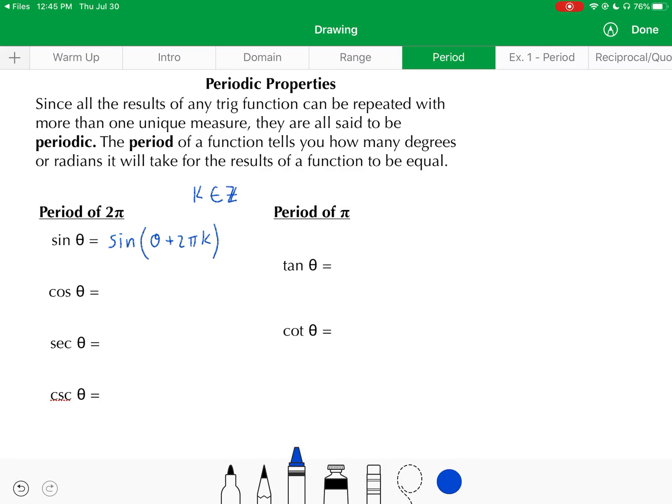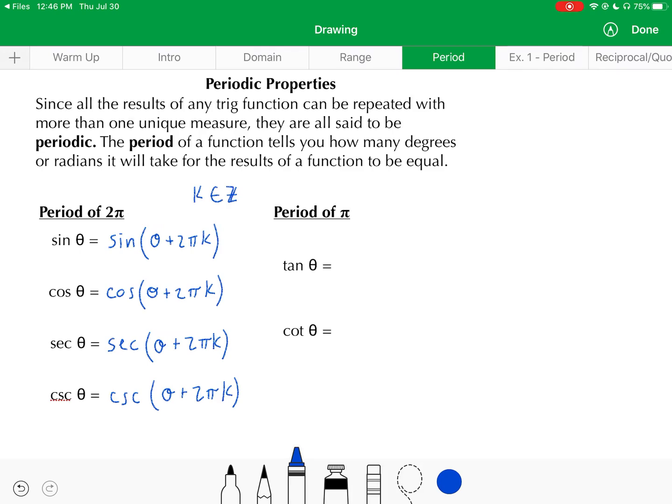Okay. It would be the same for these other three below. So cosine also has a period of 2 pi. So does secant, and so does cosecant. Right? The only two functions that don't have a period of 2 pi are the tangent and cotangent functions.